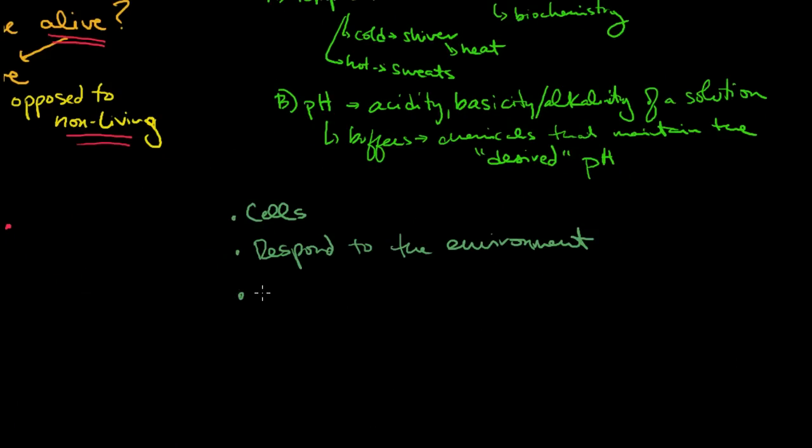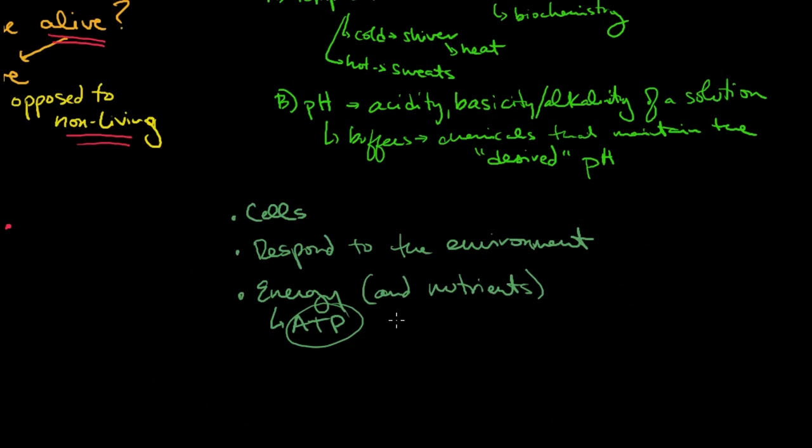All living things use energy. And I'll actually add, they also use nutrients, but energy in one form or another. And most of the time, the energy that we use comes in the form of ATP, which stands for adenosine triphosphate. And this is just chemical energy.